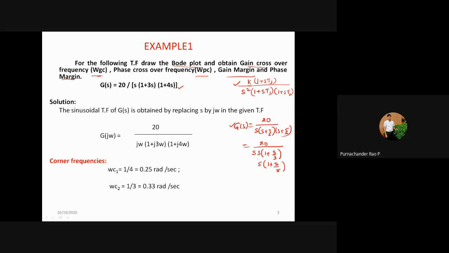So this is going to be 20 divided by 15, since 3 into 5 is 15, divided by s into 1 plus s into 0.33, 1 plus 0.2 into s, because 1 by 5 is nothing but 0.2.